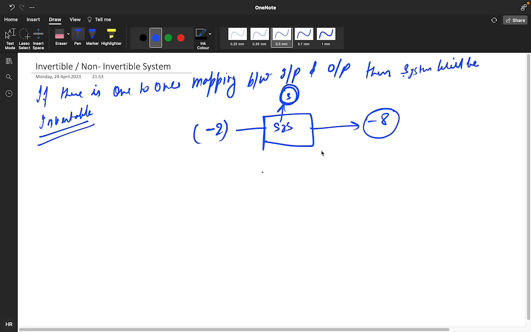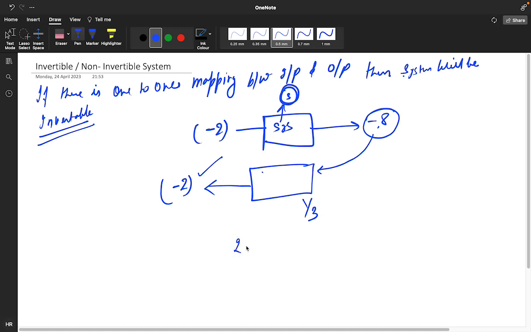From this, if we make a system which does 1 by cube, meaning cube root, we will receive our minus 2 value. So from minus 8 we can again reach minus 2. This kind of system is an invertible system.